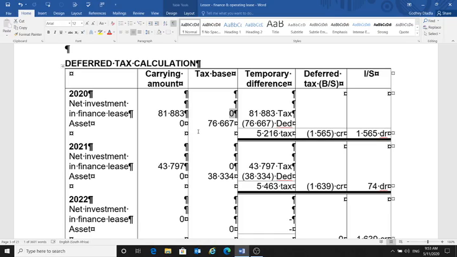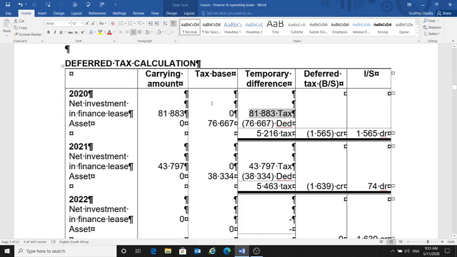So the lessor is saying someone owes me money, I've given someone an asset, and this person in return must keep paying me every month, so they owe me this much, right? So this thing, you can analyze it the same way that you analyze PPE. Now, the tax base is 0, the accounting amount is 81883, so the difference is taxable, right? This one here is taxable. Taxable creates a liability, okay?